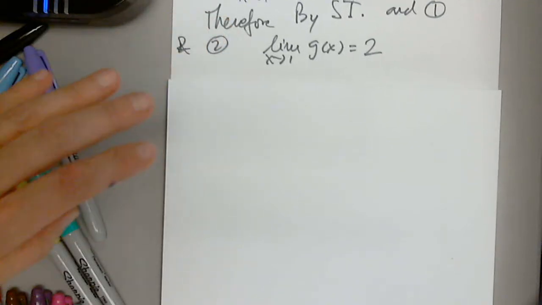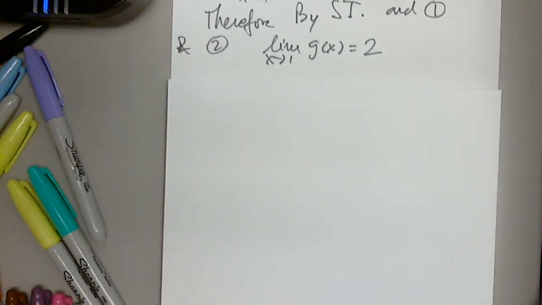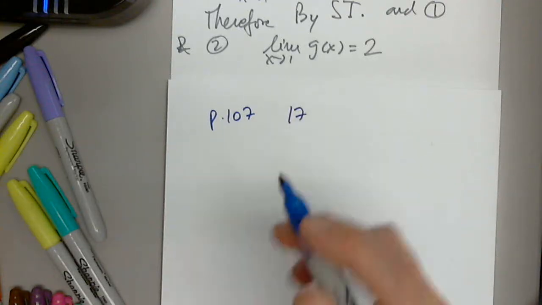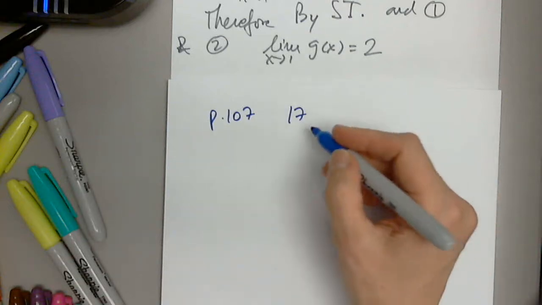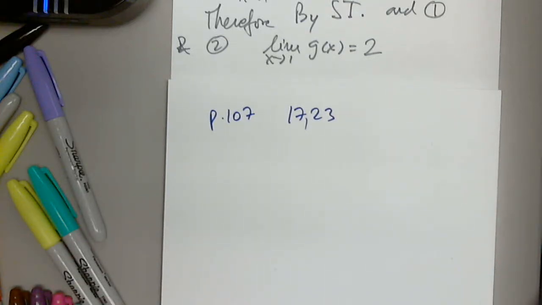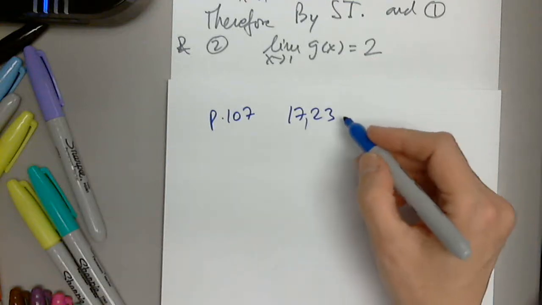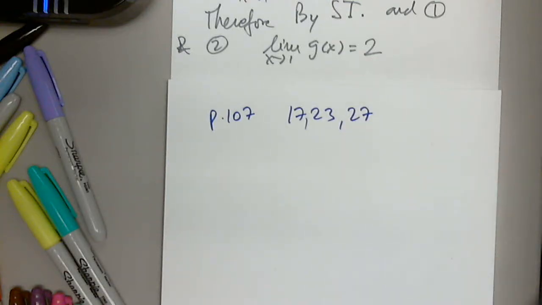Allow me to pick some problems for you for Monday, and then we'll look at the absolute value. So on page 107: 17, 23, 27, 31, and 37.